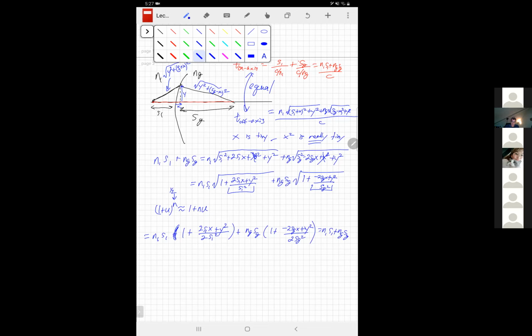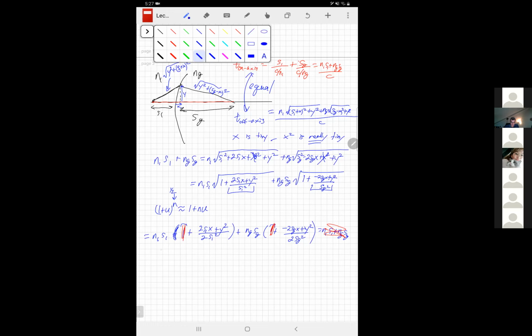All right. I see something that could cancel, because if I multiply the N1 S1 by the 1 in here and the NG SG by the 1 in there, the first term, you're going to get two terms that exactly cancel out these terms. So I'm just going to cancel the ones there and all of this.